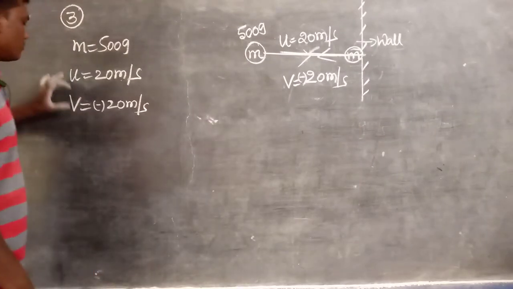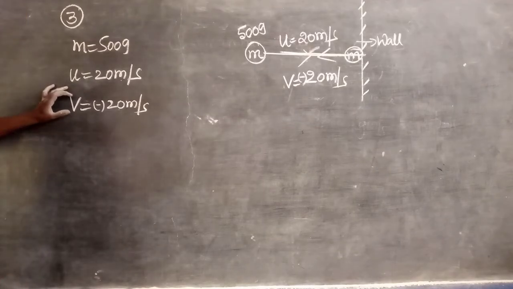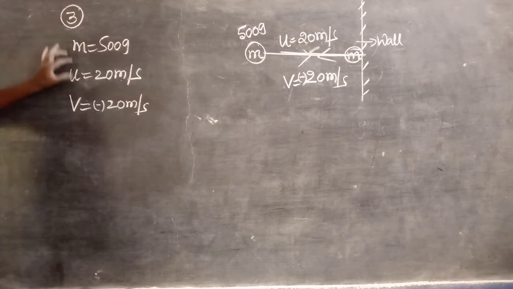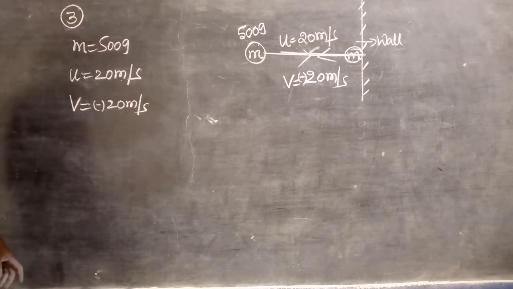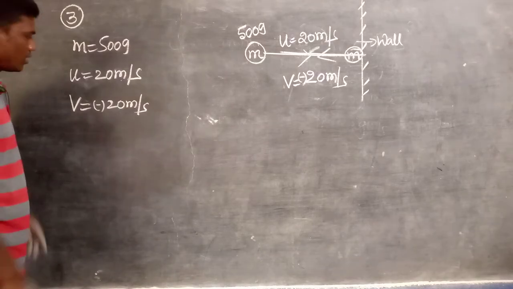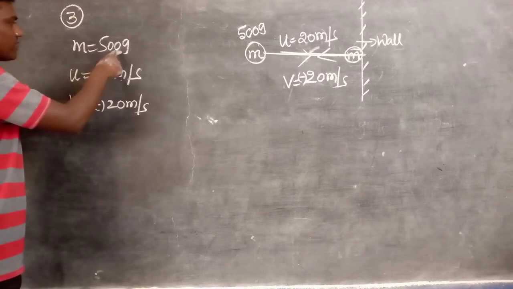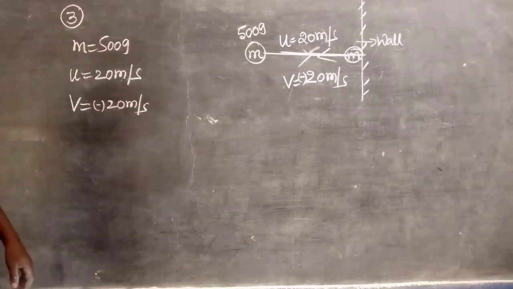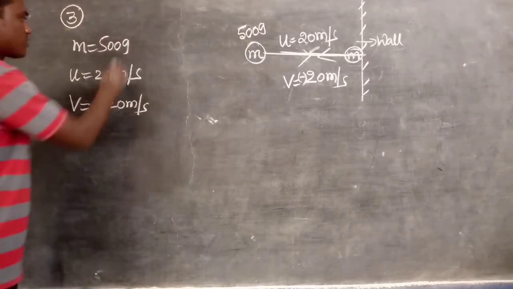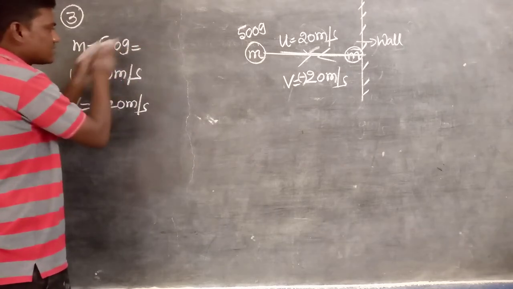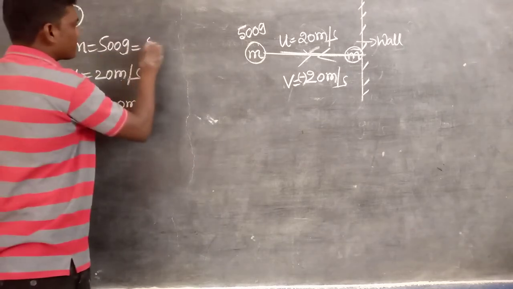Mass, u, v, three values are there. You know the formula of change in momentum, m(v minus u). But you observe that u and v are both in SI units, but the mass of the body is in CGS units, 500 grams. First I say that this is converted into the SI system.